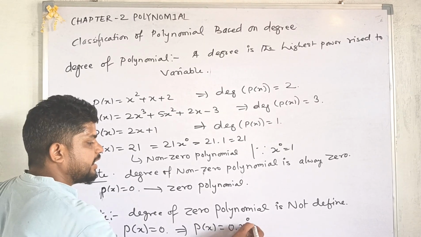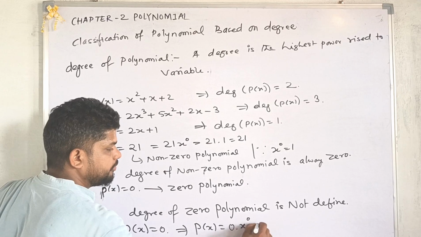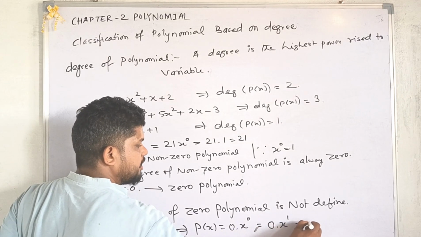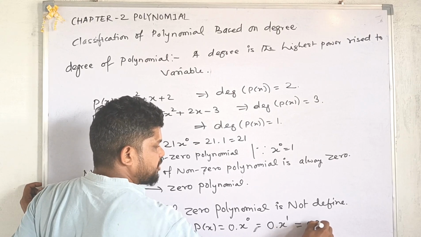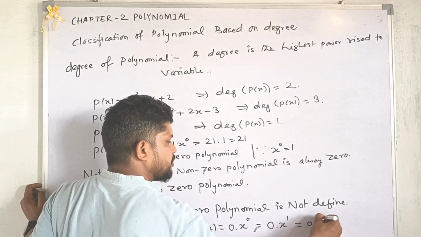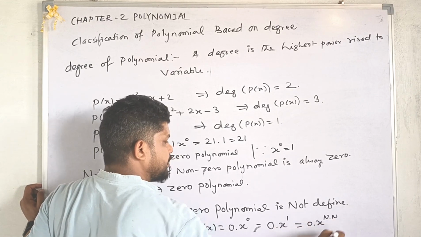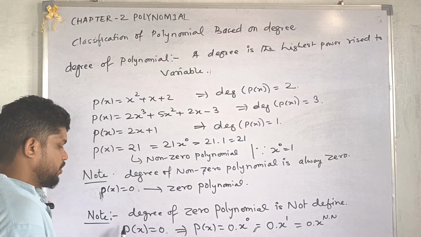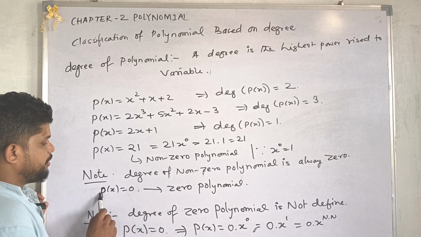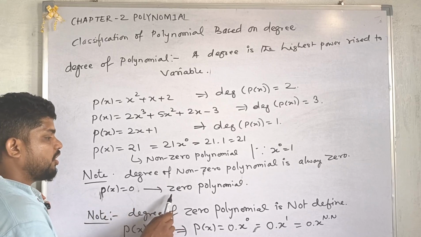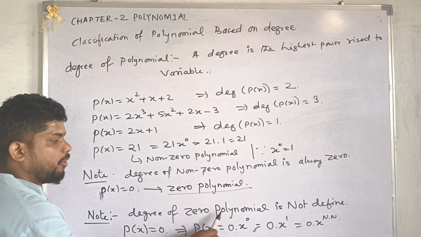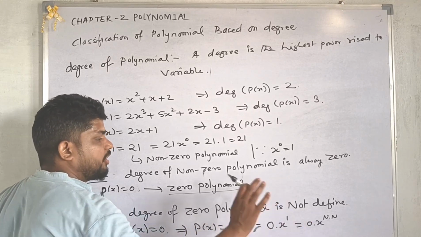Or you can write 0 dot x to the power 1, or 0 dot x to the power of any natural number. So you can observe that for any zero polynomial p of x equals 0, the degree is always not defined.